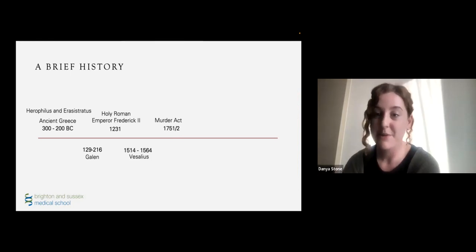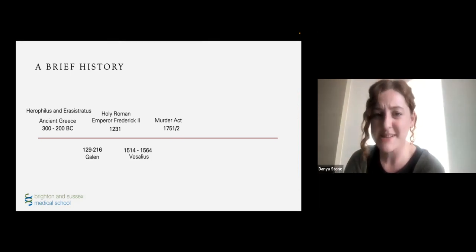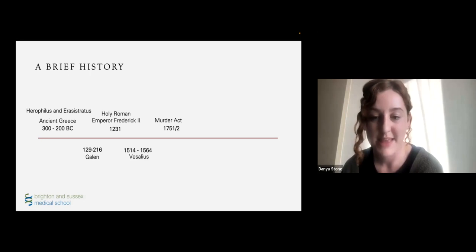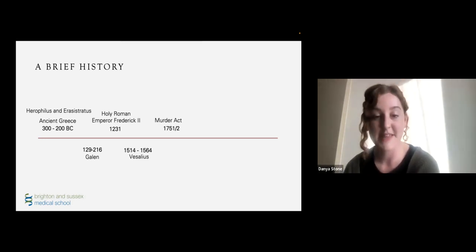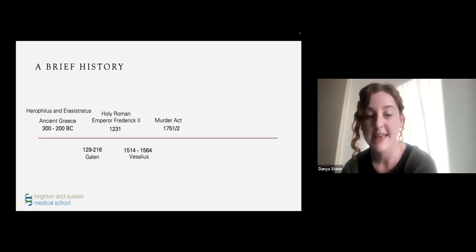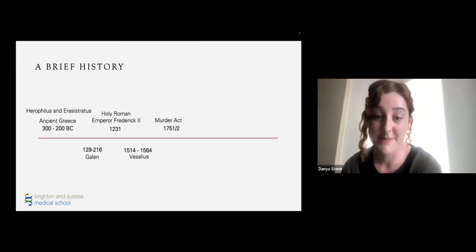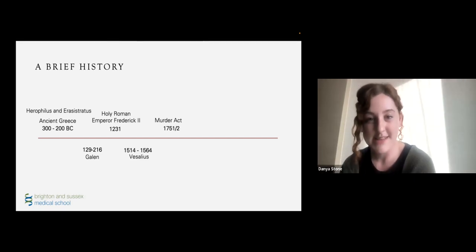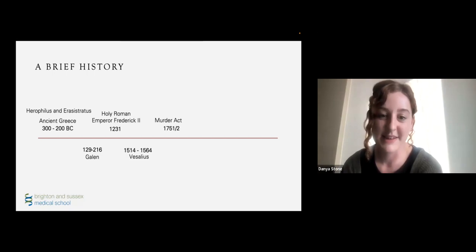So jumping forward quite a lot now, up until this point, there was no legislation around the way that bodies were acquired for anatomy dissection. And a lot of the time it was just whatever the anatomist could source is what they would use. So a lot of it was unclaimed bodies or executed criminals. And in 1751, there was a whole series of murders that took place within London.